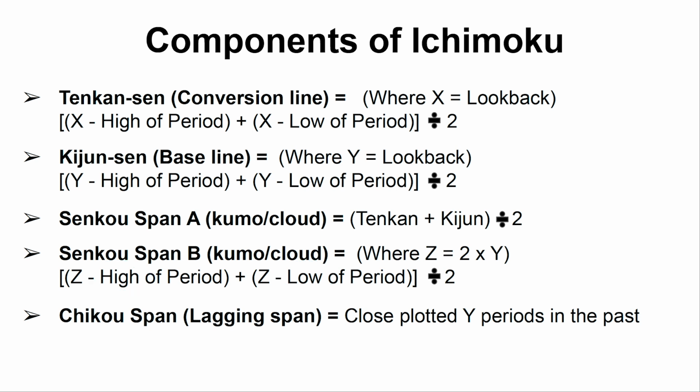Again, this look back period is usually twice the look back of the Kijun-sen. Lastly, we have the Chikou span, also known as the lagging span. This component is basically the current price plotted back a certain number of periods. You might ask yourself, what good does a line that's plotted backwards do for us? Well, we'll dive into that in just a bit, but for now, I want to start putting faces to names.